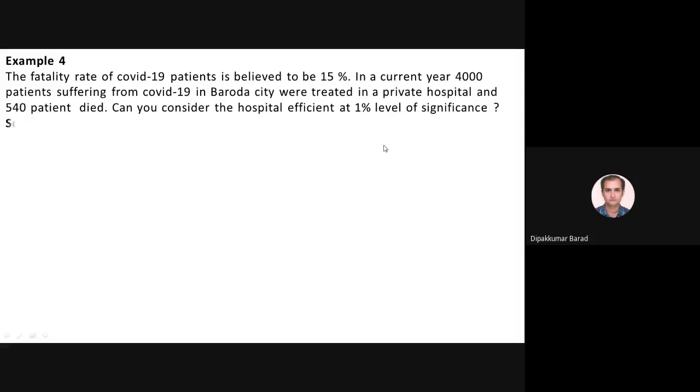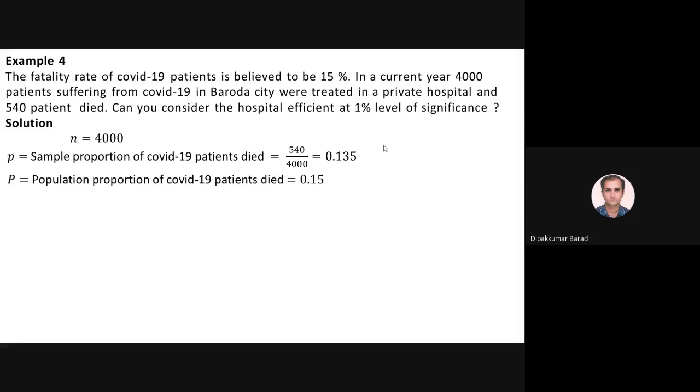So first of all, we have small n equal to 4000, and from that small p we can find 540 upon 4000, which means 0.135. Capital P, the population proportion of the COVID-19 fatality rate, is 0.15, as we have already been given 15%, and capital Q, 1 minus P, is 0.85.